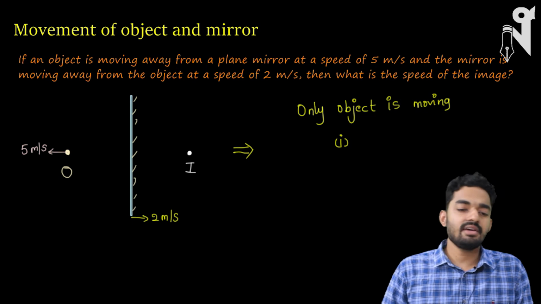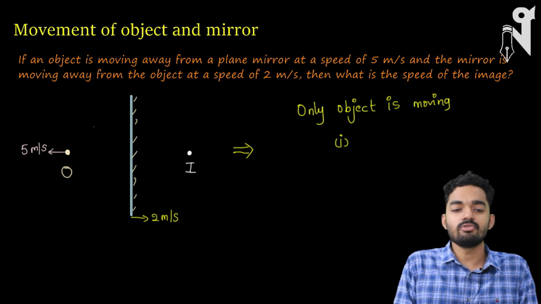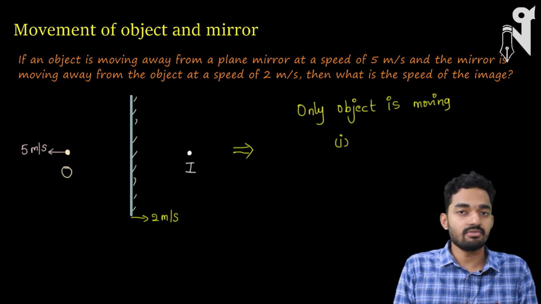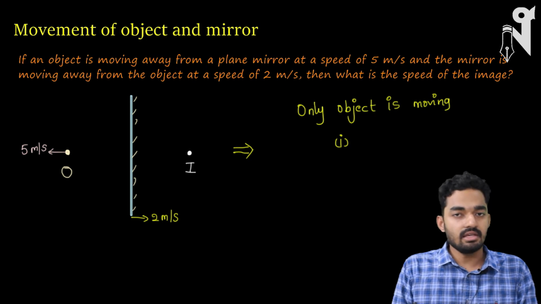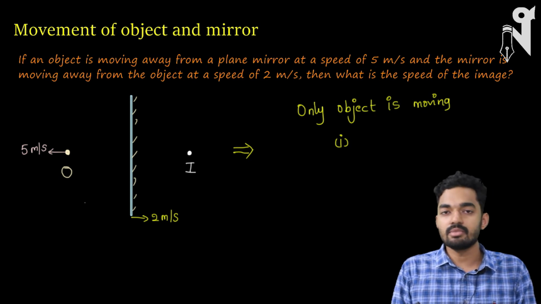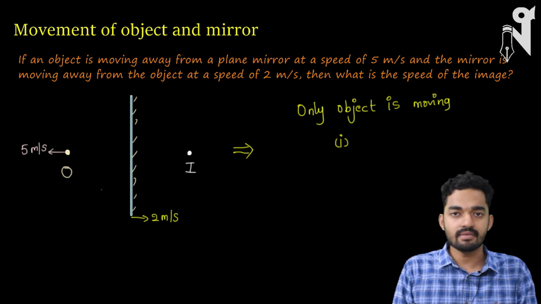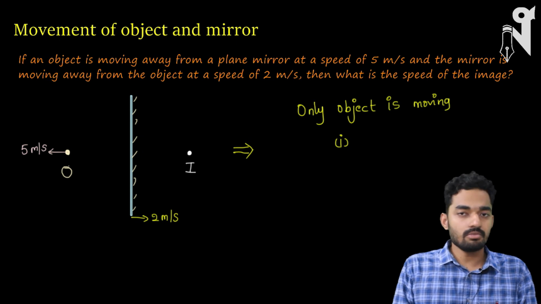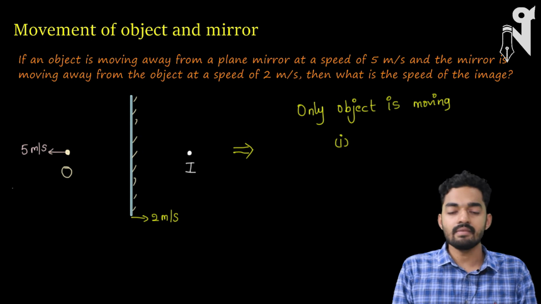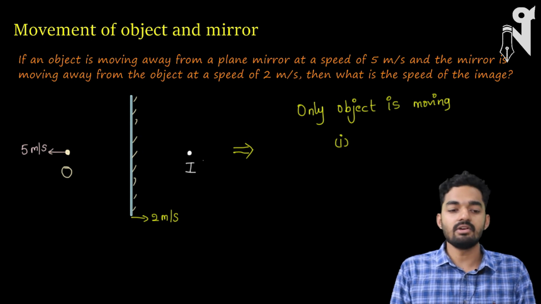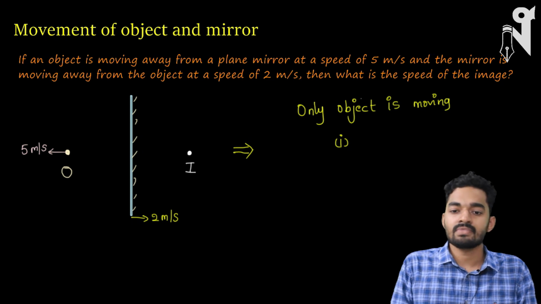So in this case, as this object is moving away from the mirror with a speed of 5 meter per second, the image will also move away from the mirror at a speed of 5 meter per second. In other words, if this object is moving towards left at a speed of 5 meter per second, the image will also move at a speed of 5 meter per second, but it will move towards right.